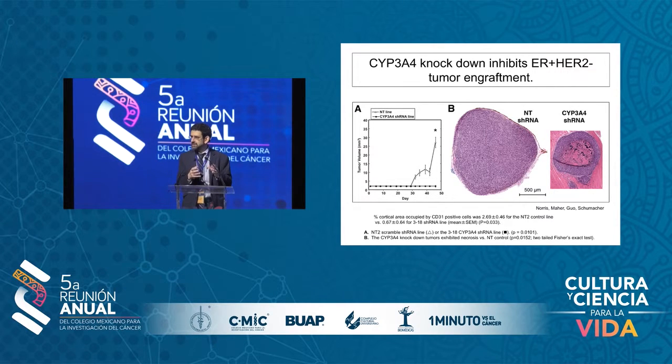And so this led us to thinking that the CYP3A4 was playing an important role, and that these effects of CYP3A4 were likely to be pleiotropic, that there were effects on angiogenesis, that there were effects on cell proliferation, and there were effects on cell viability. So in the growth curves that you can see in panel A, the control MCF7 cells with scrambled siRNA grow just fine, and the knockdown tumors do not.